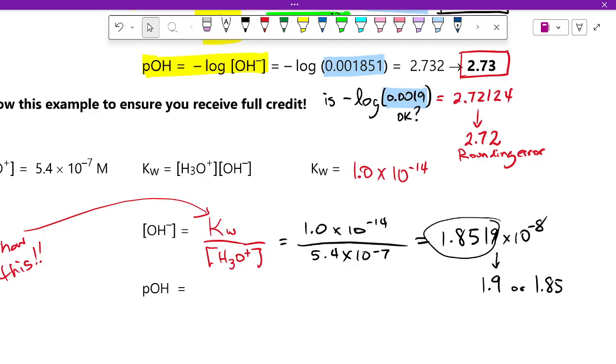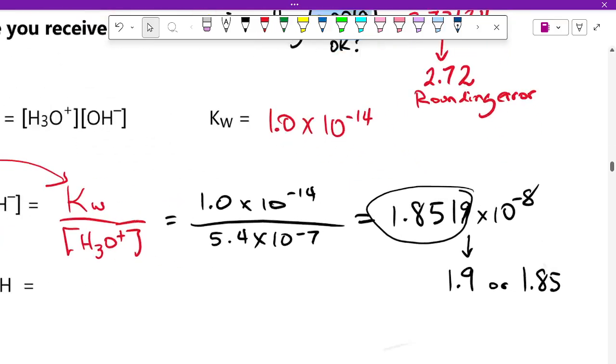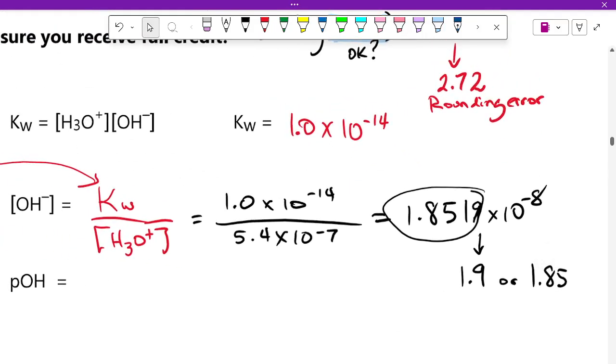For sig figs. Is this a logged number or a non-logged number? Non-logged. So it should be 1.9, 1.9 times 10 to the negative 8.